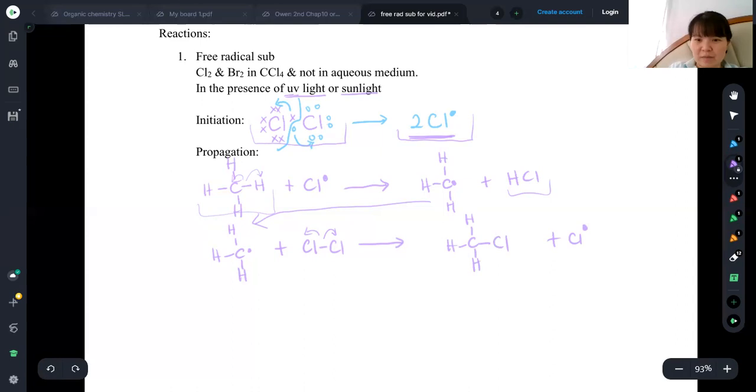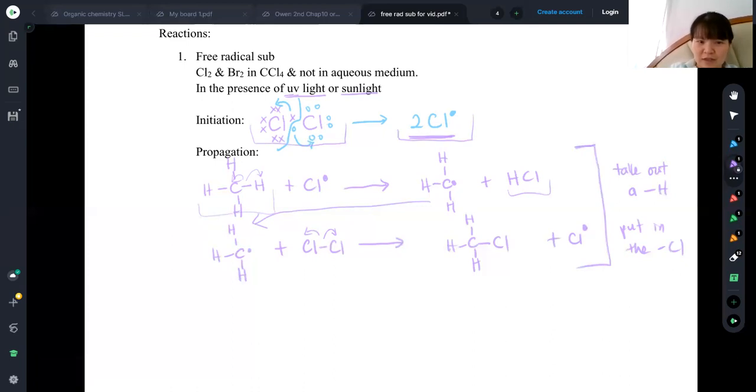So one step is to take out a H. And the second step is to put in the Cl. So this is one set of steps to take out H and put in a Cl. This is why it's a substitution reaction, because I replace a H with a Cl here. So this is one set. Since there are 4 H available in methane, I can have 4 sets of this. So I'm going to draw the rest of it.